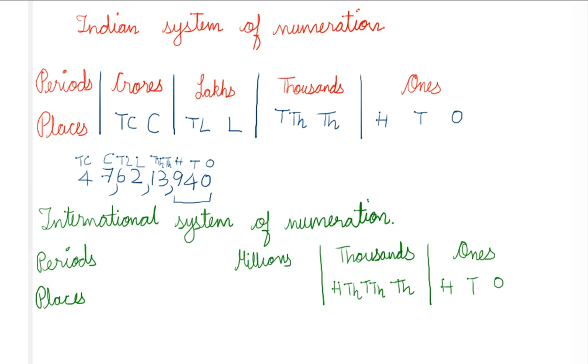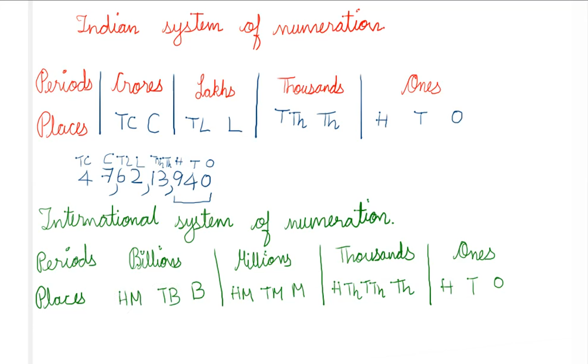Under the millions period you will be having million, 10 million and 100 million. And finally we move on to the billions period, where you will be having billion, 10 billion and 100 billion. So this is our international system of numeration.